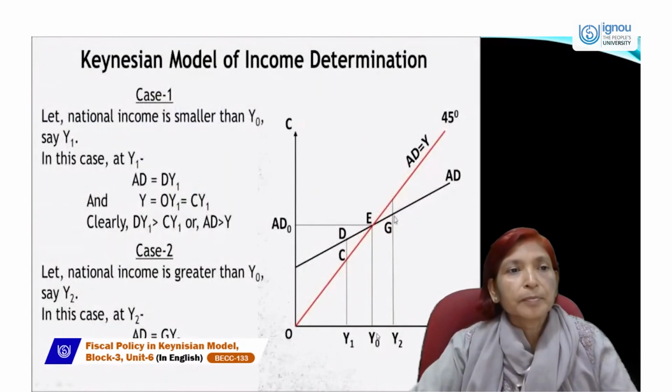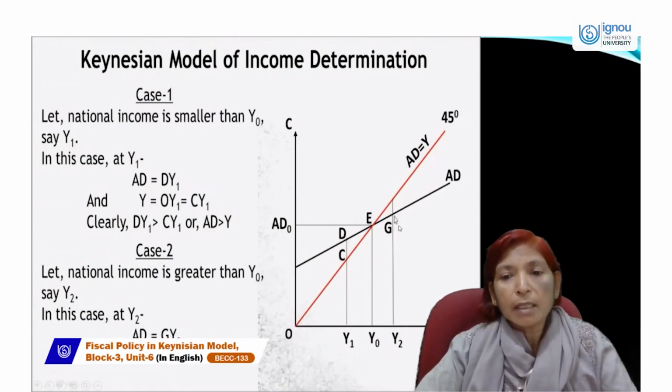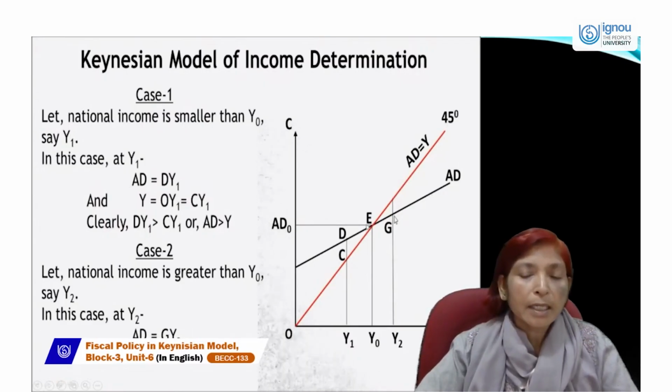Now next, according to the Keynesian model of income determination, in case 1, the aggregate supply line is always a 45-degree line, where aggregate supply equals aggregate demand. Both curves intersect each other at point E, the equilibrium where national income is determined.